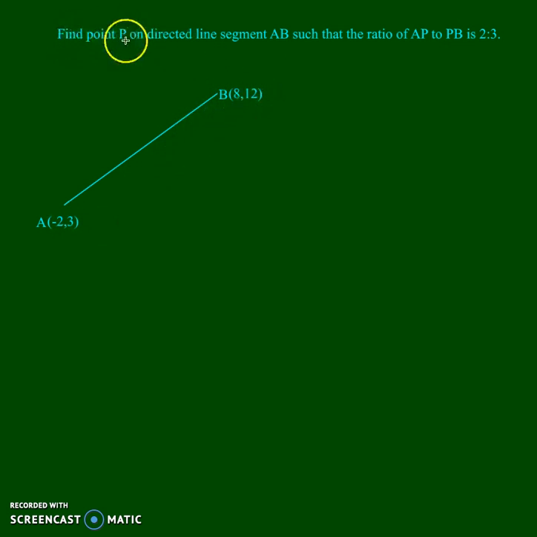We want to find point P on this directed line segment AB such that the ratio of A to P, that is from A to some point P, is in the ratio of 2 to 3. So A to P and P to B is 2 to 3. So A to P is 2 of 5 pieces and P to B is 3 of 5 pieces.